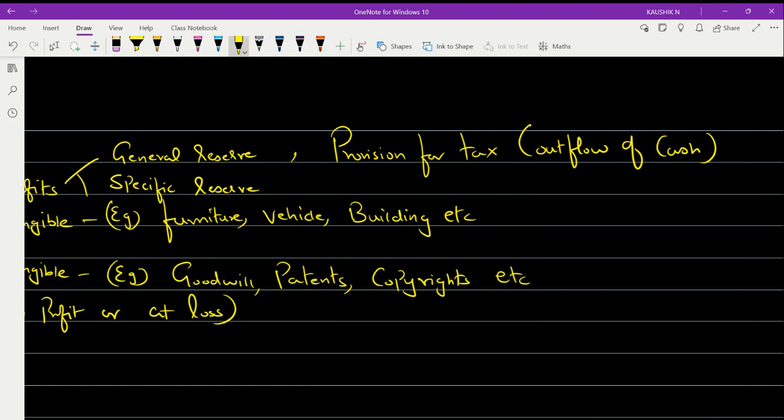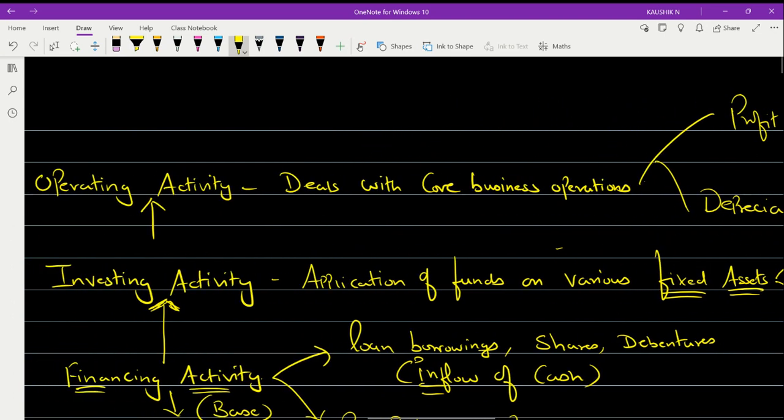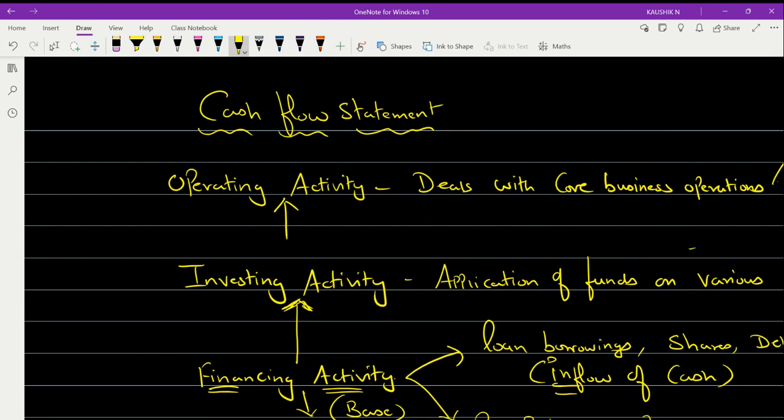So let me know whether you have any doubt as of now with respect to these concepts, because all these concepts come under the topic of cash flow statement. Under this chapter, you'll be learning it in detail. But since this chapter has the term financial statement, we have a term called cash flow statement, so I gave you an introduction to that particular concept as well.